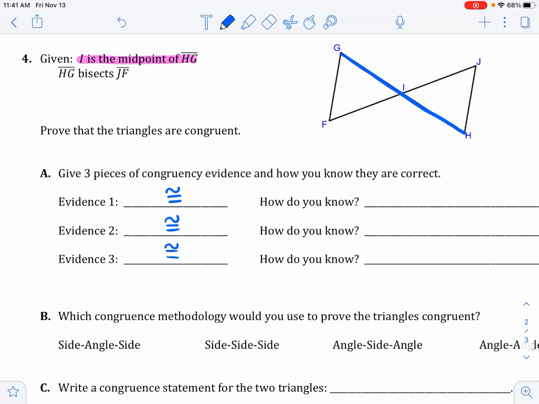If I is the midpoint of HG, what do I get from that? I get 2 congruent segments. My 2 congruent segments are IG and IH. So I have IH is congruent to IG. How do I know? This word right here told me midpoint. So it's definition of a midpoint.